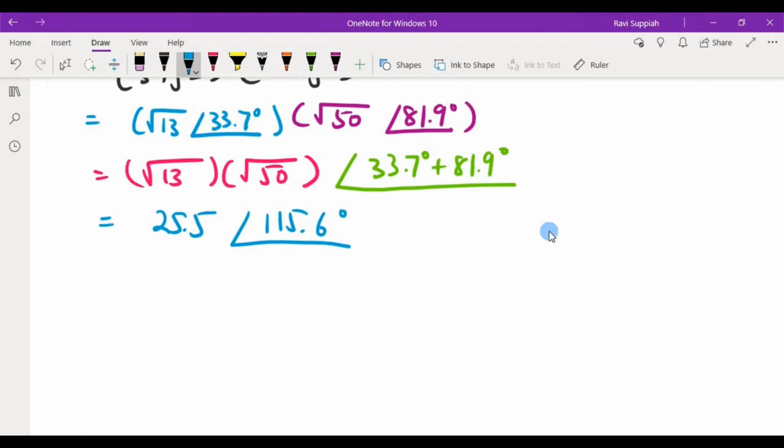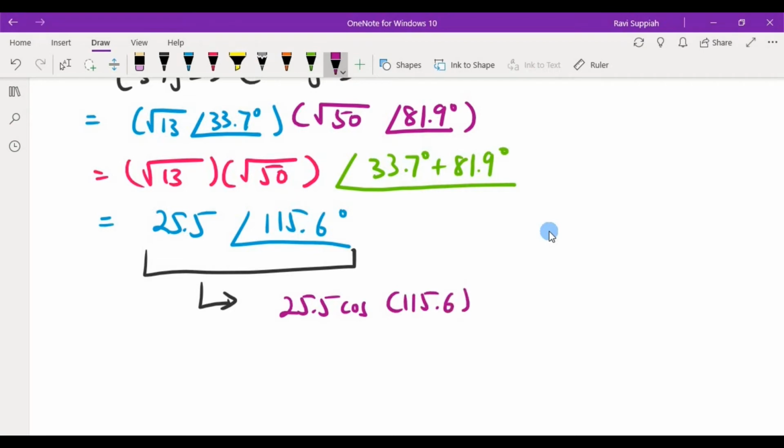Okay, now if I want to convert this back into its rectangular form, I take the same approach as just now, which would be r cosine theta plus j r sine theta.